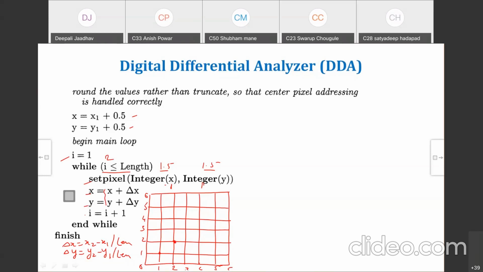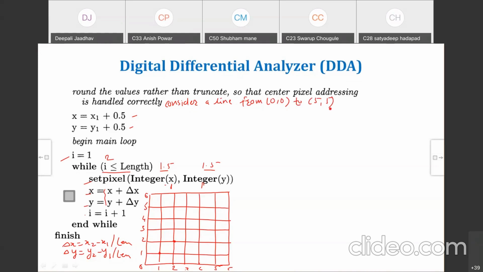Now see it with an example, then it will be clear. So the example: consider a line, write with me, consider a line from 0, 0 to 5, 5.